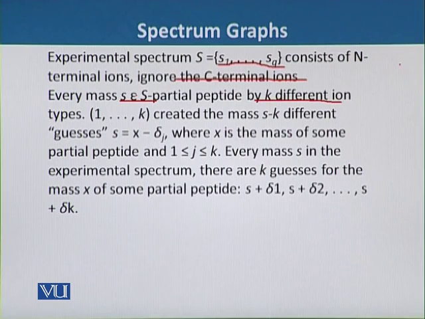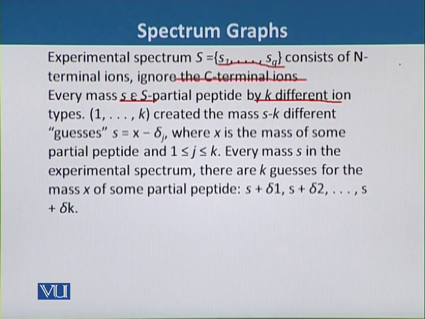Since we do not know which ion type, delta 1 to delta K, created the mass S in the experimental spectrum, we generate K different guesses for each of the masses in the experimental spectrum.